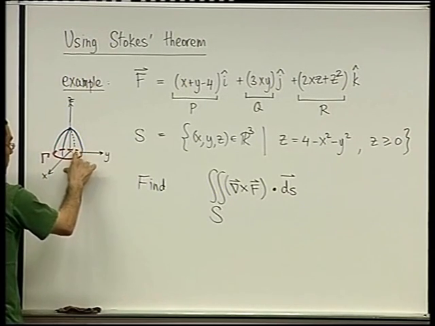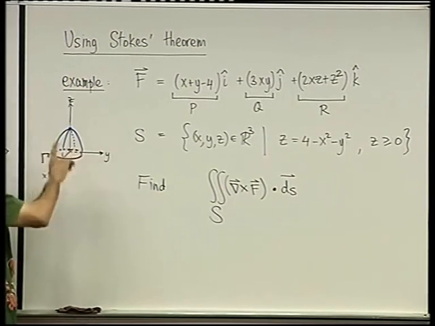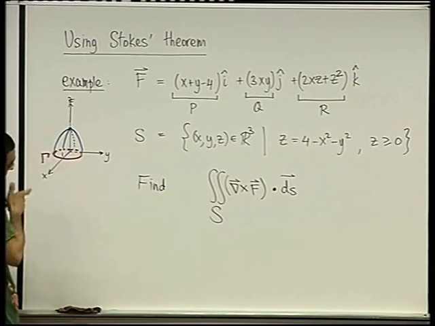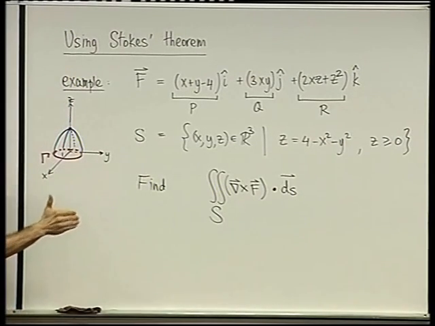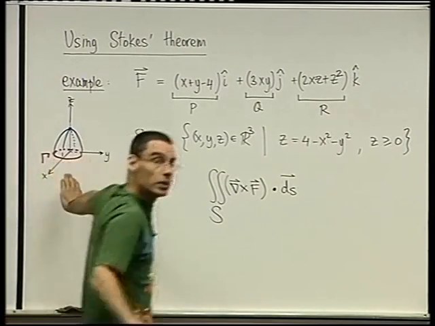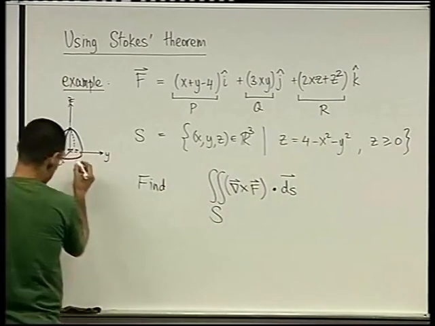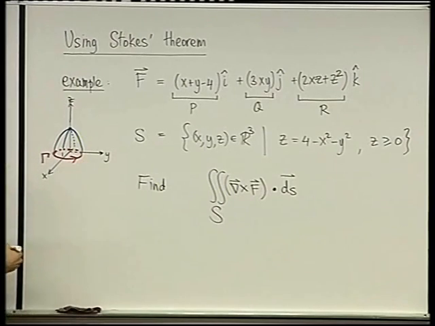How are we going to orient gamma in order for it to comply with the conditions of Stokes? The normal we said is pointing upwards, outwards. So when we walk along gamma, either right-hand rule or left-hand rule, either way, the direction on gamma is going to be like this: counterclockwise when you look at it from above. Clear? This is the orientation on gamma.